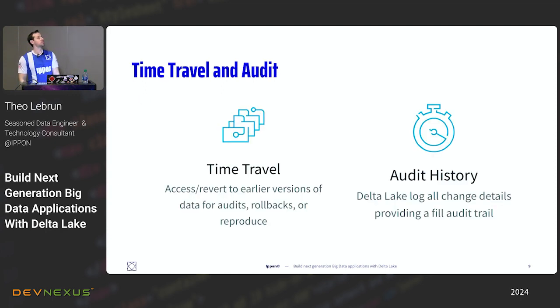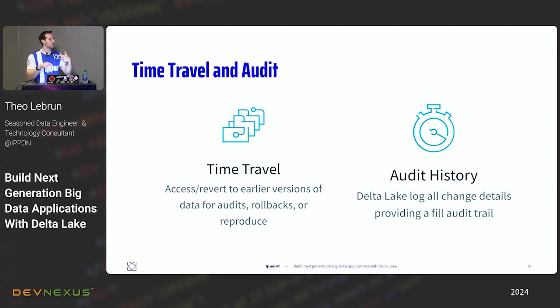Now I'm just going to talk a bit about two other features for Delta Lake. So time travel. What it means is you're going to have access to all the versions of your table. So every time you add data, rename columns, all those things, they're all going to be stored in the transaction log. And then you're going to be able to time travel. So if you want to go back to the previous version, you can even do a select on the previous version, for example, just to see how the data was looking back in time.